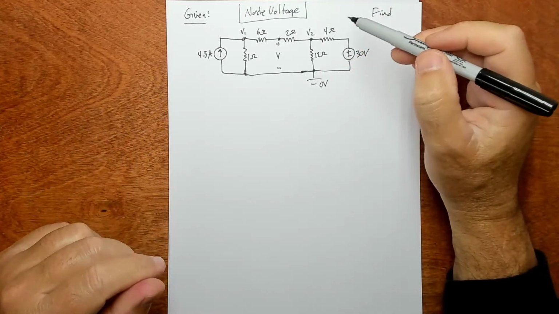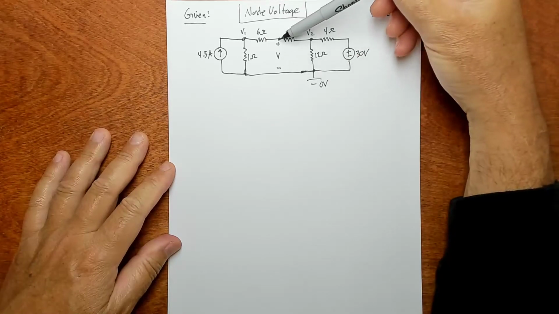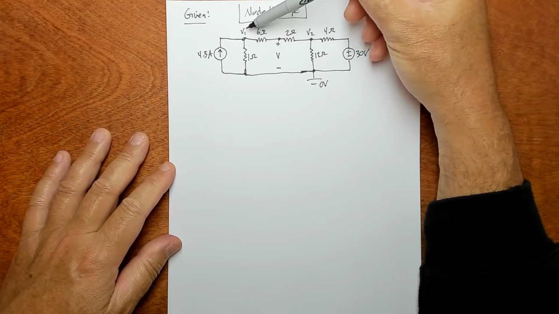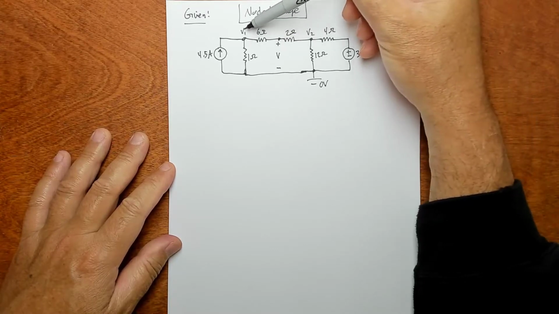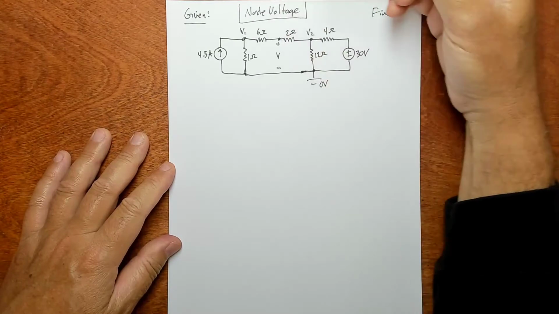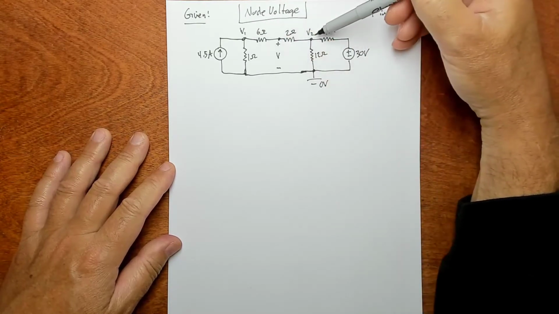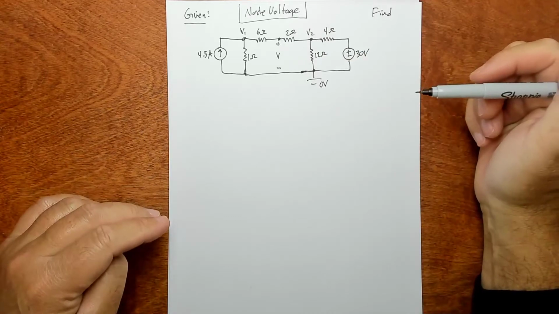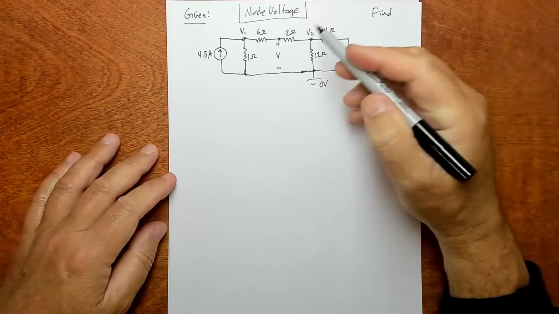So this is the flexibility part. This guy right here is not set up as a node voltage node. It's a node, but it's not part of the node voltage equations, right? We just have V1 and V2 as the node voltage system of equations.